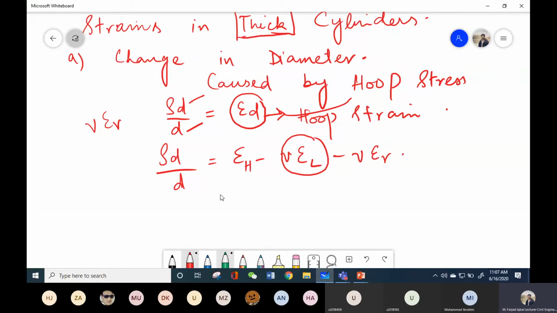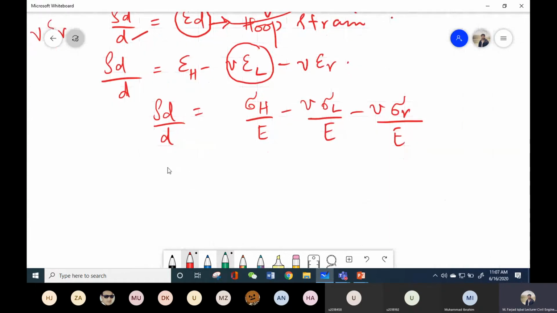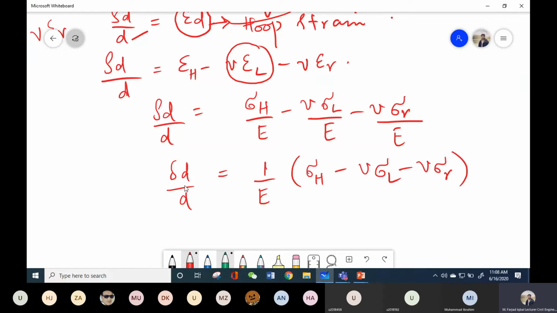This is the formulation for the calculation of change in diameter, and if I simplify it, epsilon H will be sigma H over E minus nu sigma L over E minus nu sigma R over E. If I take 1 over E as common, it gives 1 over E into sigma H minus nu sigma L minus nu sigma R. The D will go to the other side as well.